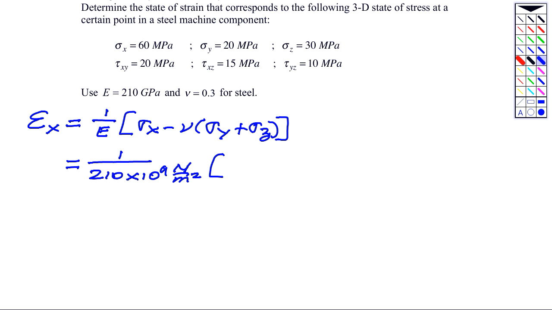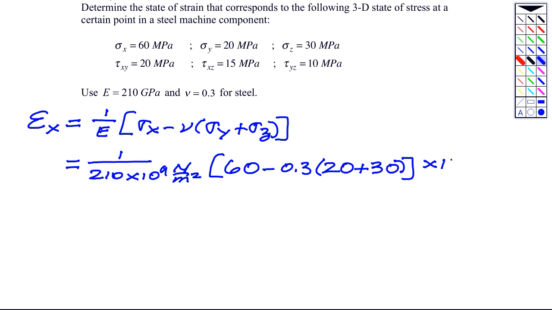The stresses are given to us in megapascals, so I'll write the mega part on the outside. This is 60 minus nu, which was 0.3, times 20 plus 30. And the factor on the end, again, represents the conversion from megapascals to pascals.